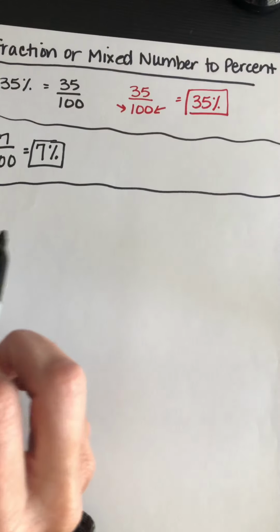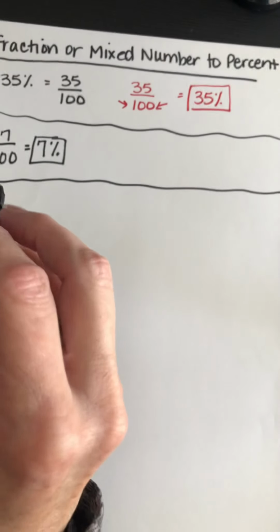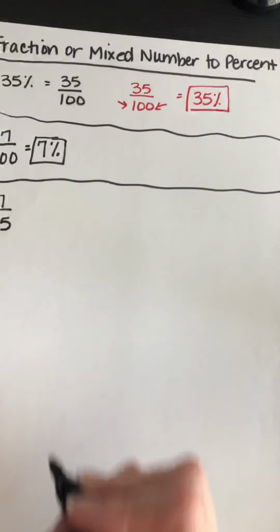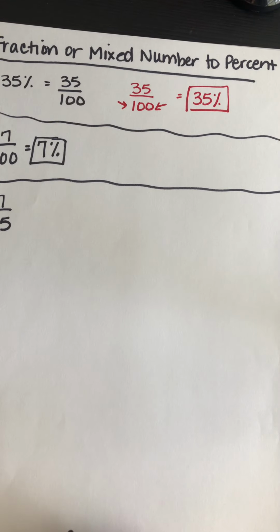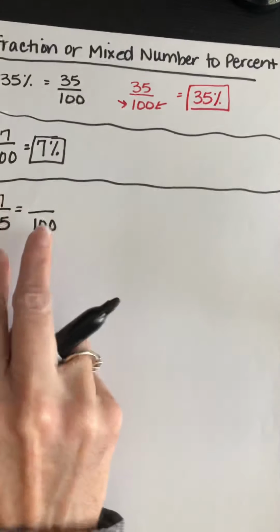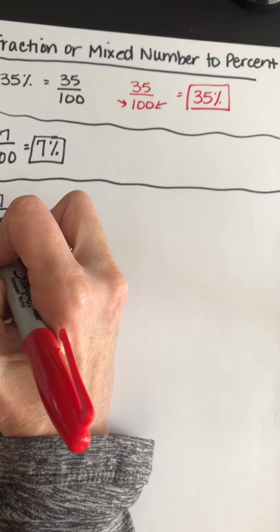But our fractions aren't always going to be that easy and over 100. We could have the fraction 7 over 25. Well, you can make a fraction that is equal to 7 over 25 by setting your denominator to 100. So let's look.